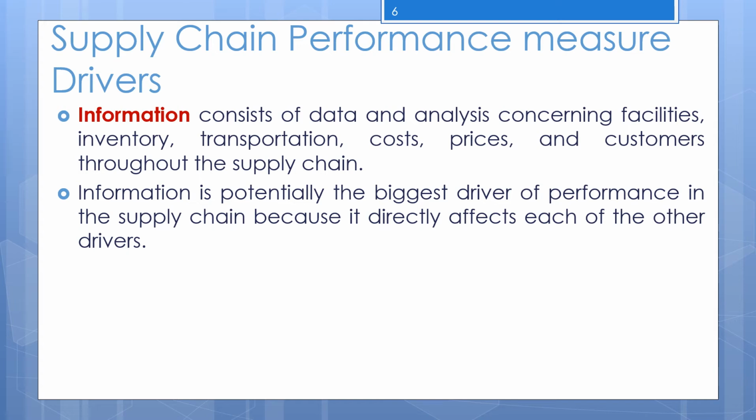A push system generally requires information in the form of elaborate material requirement planning, which takes a master production schedule and rolls it back, creating schedules for suppliers with part types, quantities, and delivery dates.